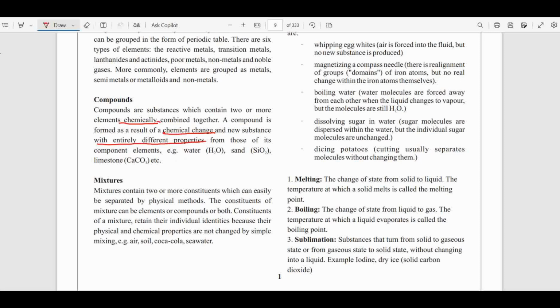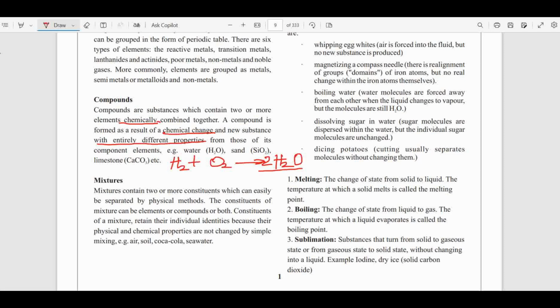For example, water is formed by a reaction between hydrogen and oxygen. So what happens here? The hydrogen and oxygen will behave differently in the water that is formed because they have been chemically combined.